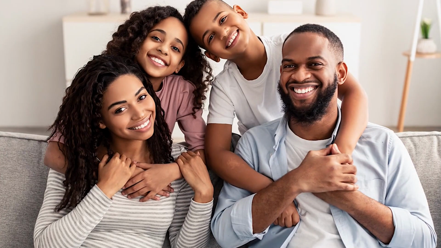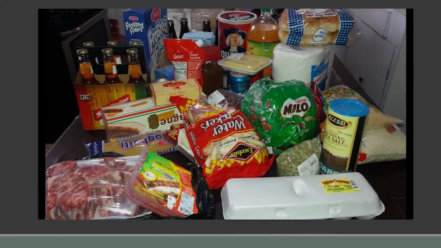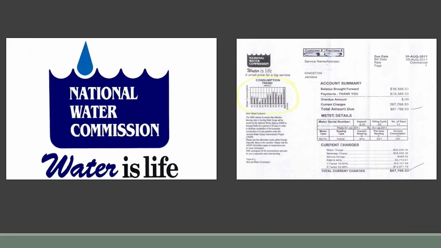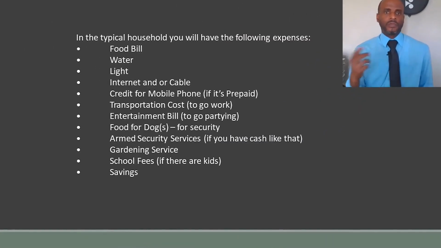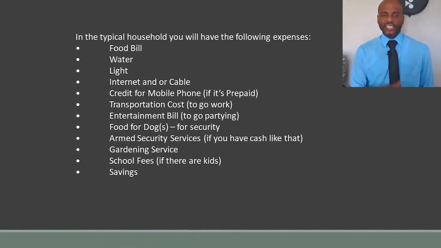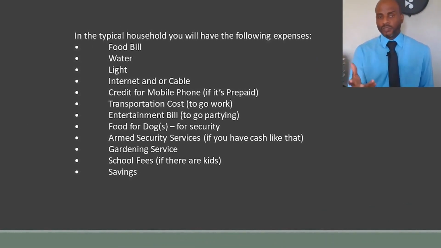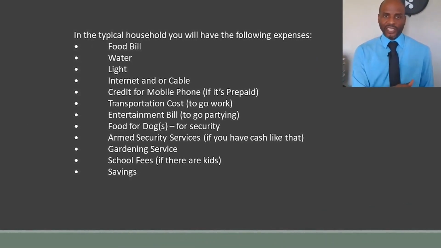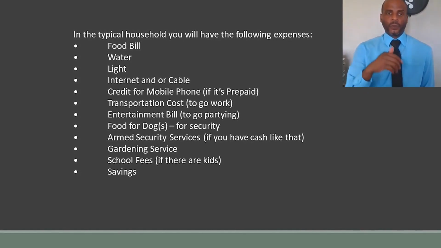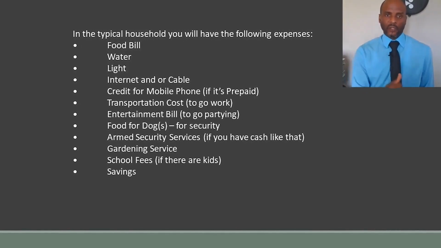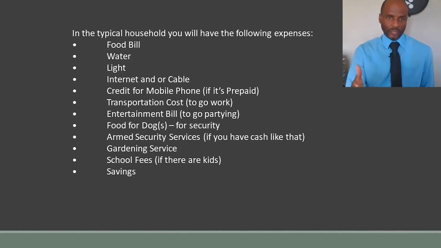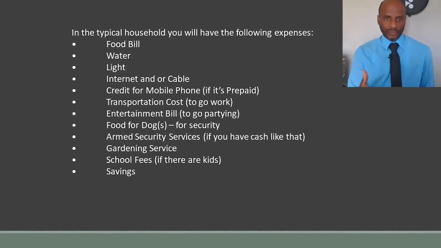So the expenses for a family of 4: maybe food bill, water, light, internet or cable, credit for your mobile phone, if it's a prepaid phone. Transportation cost to go to work. So if mother works, father works, and they take transportation, or if they own a vehicle, then there will be a gas bill.